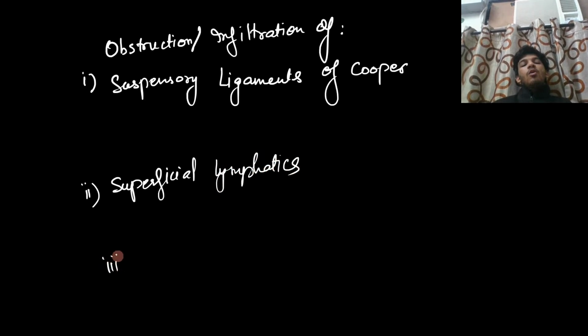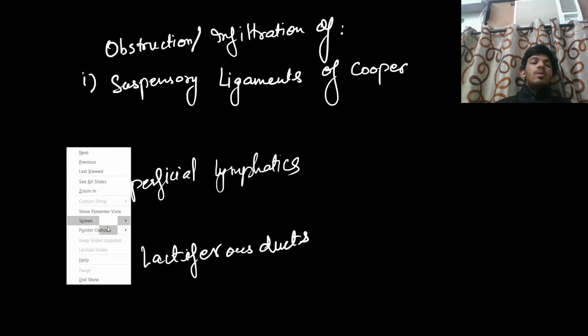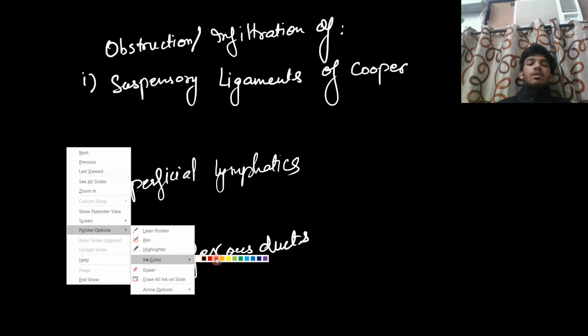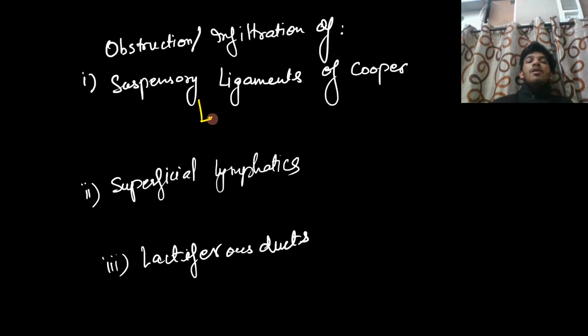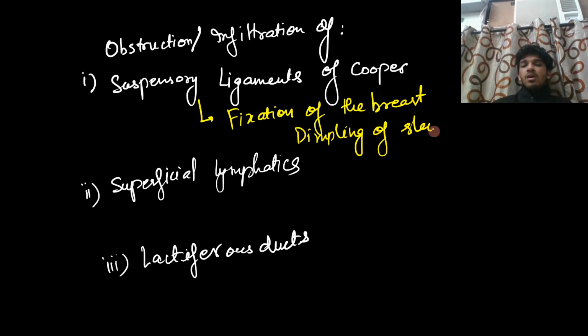And third, obstruction or infiltration of lactiferous ducts. Obstruction of suspensory ligaments of Cooper, what will it cause? It causes fixation of the breast, and also dimpling of skin.